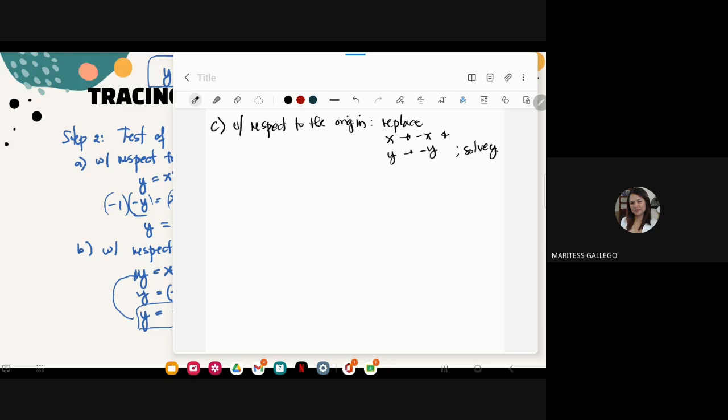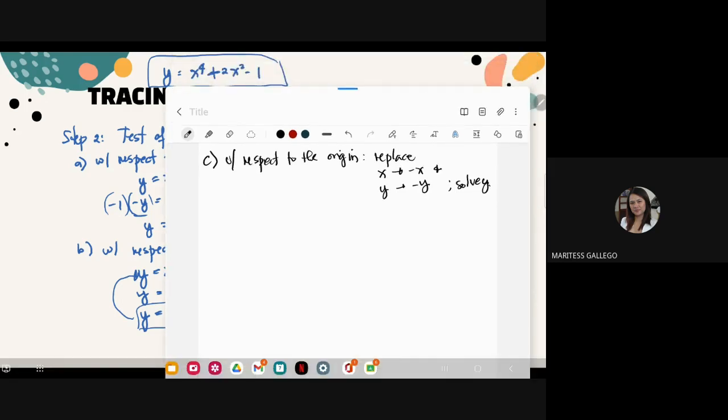So again, our function, original function, y is equal to x raised to 4 plus 2x squared minus 1. So you have now your x ay negative. Palitan na pala natin. Negative daw si y, negative na si x. Ayan. And then we solve for y. So simplifying first x raised to 4, positive pa rin yan.